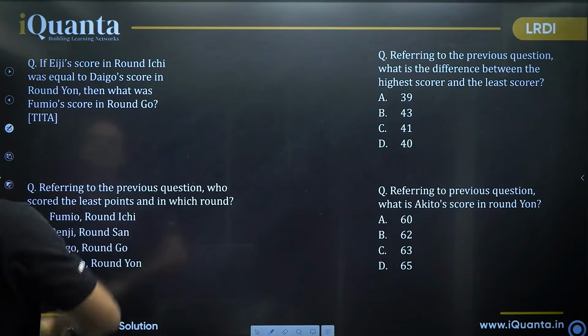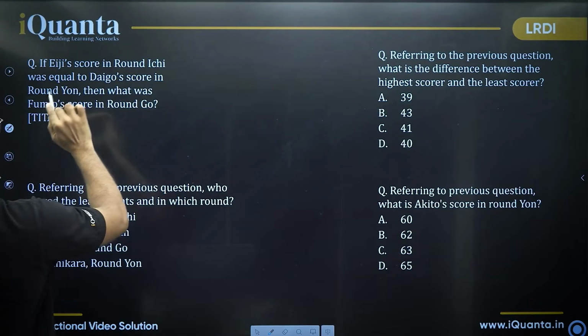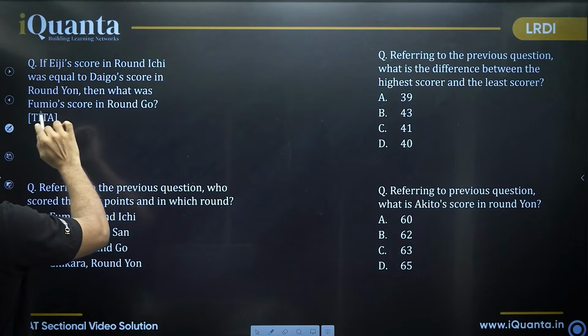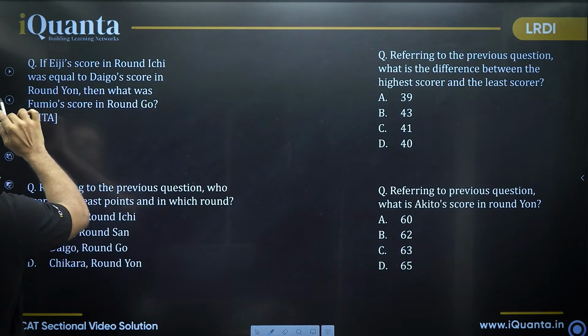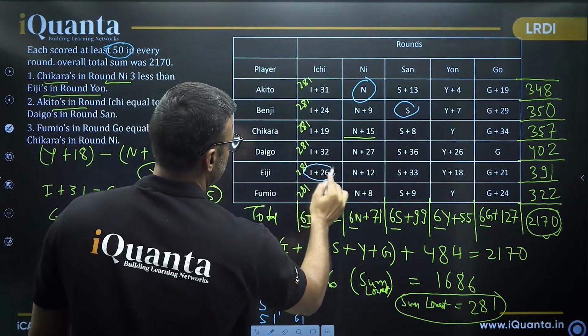That's it. If Eigo's score in round Ei was equal to Daigo's score in round Yon, Eigo in Ei, I'll go very carefully, so Eigo in Ei, I plus 26.